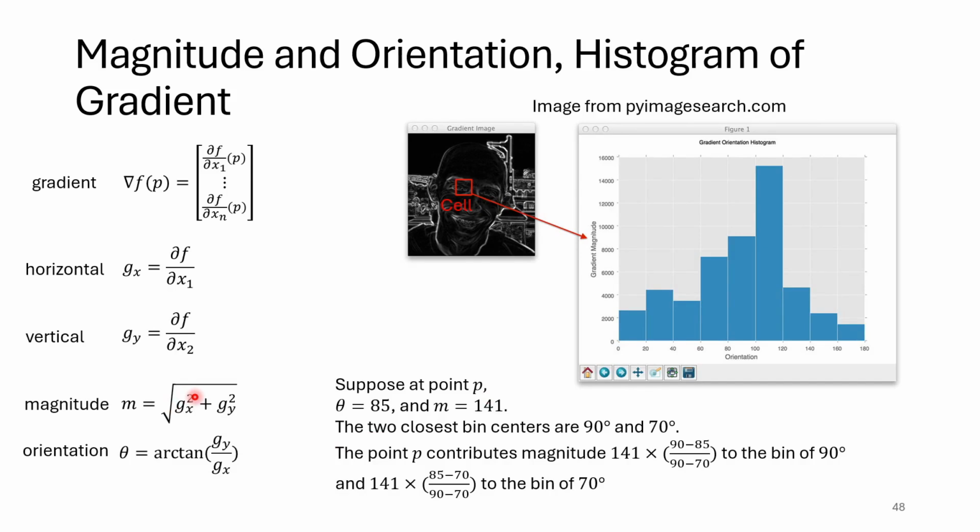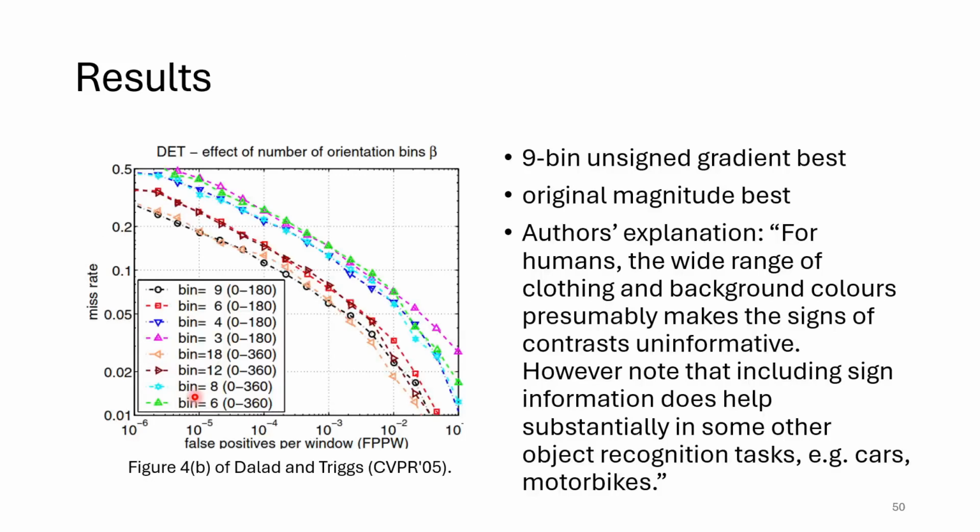But there are also other norms, the L1 norm, or just the absolute norm. Again, they need to study different settings. So they take a look again. This is the best set. What it means is, if you use unsigned gradient and 9 bins, then it generated the best result.